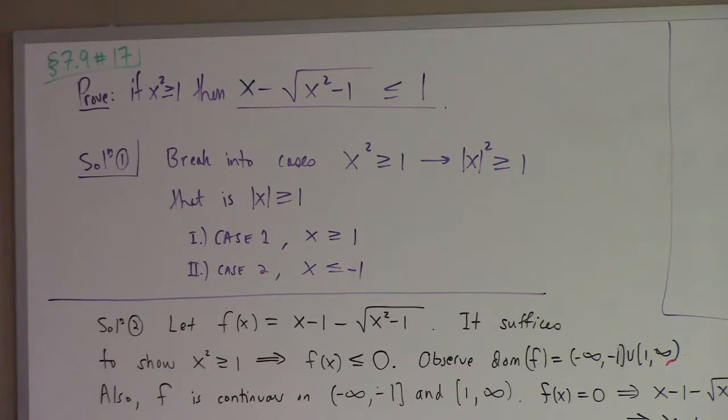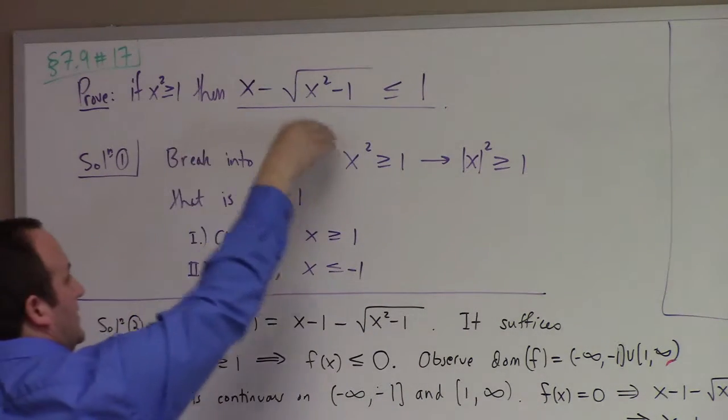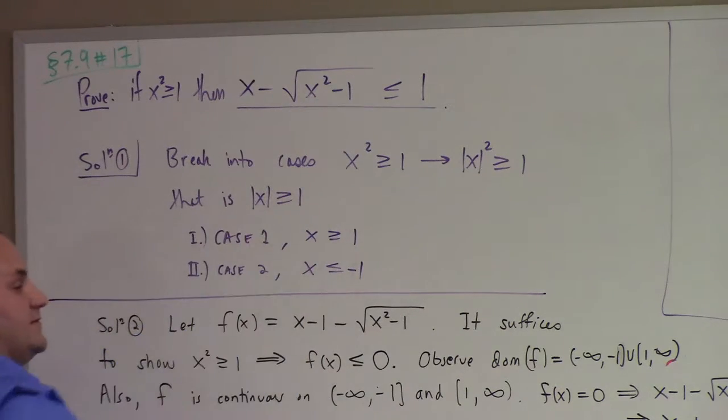These are the two ways the absolute value of x can be at least 1. The first solution would be to brute force attack this inequality through two separate lines of attack, starting with x greater than or equal to 1, or starting with x less than or equal to minus 1. You could do that, just brute force.